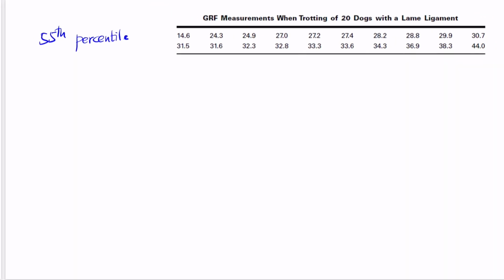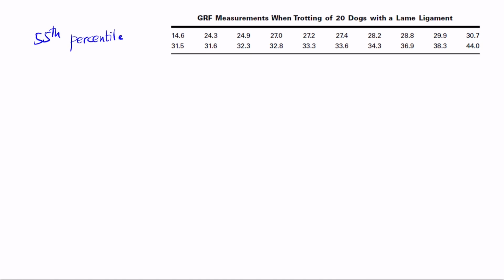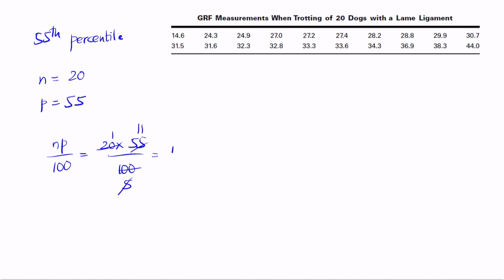Now again, N becomes 20, P becomes 55. So we are finding NP by 100, so that becomes 20 into 55 by 100. So 20 ones are 20, 20 fives are 100, so 5 ones are 5, 5 11s are 55. So that is 11. So 11 here is an integer.